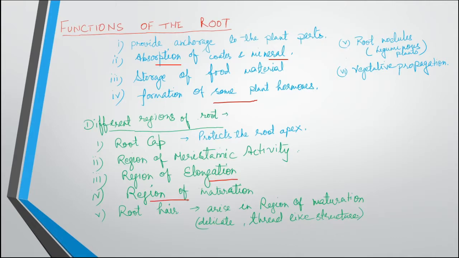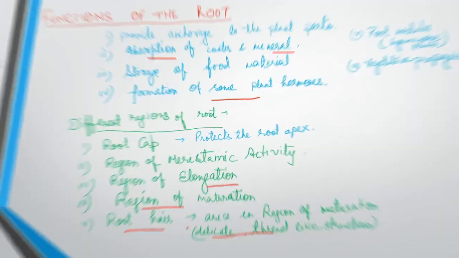Above this region comes the region of maturation, where the cells undergo differentiation and become mature according to the function of the root. Root hairs are present in the region of maturation, which are delicate and thread-like structures, and hence they help in absorption of water and minerals from the soil. So these are the different zones of the root that we study through this slide and diagram.